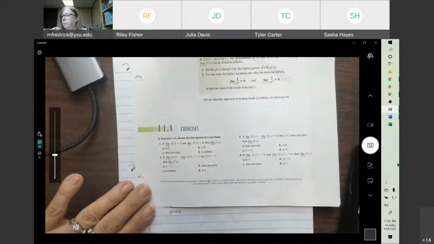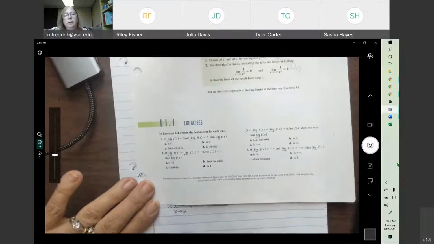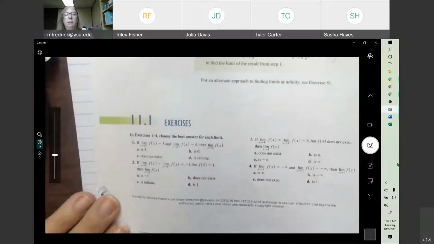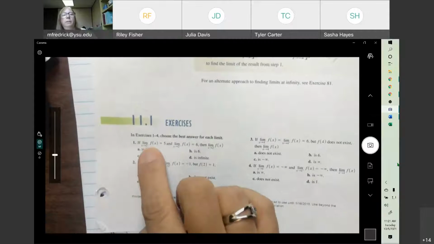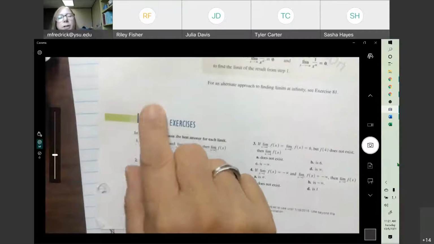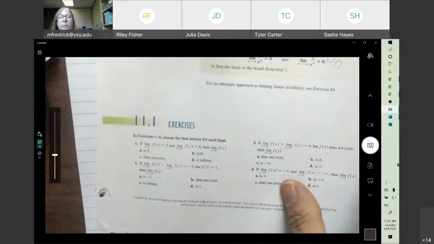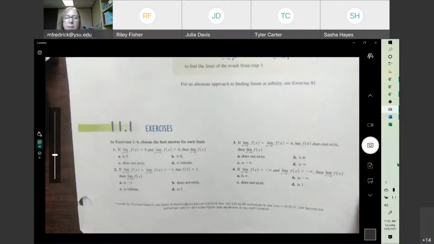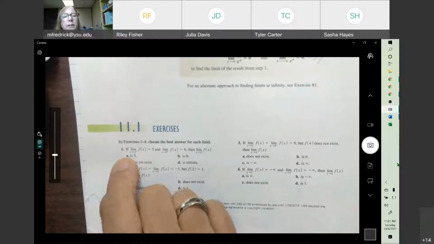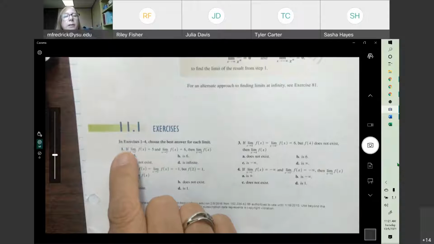Here's an example. We look at this first one. Now this is chapter 11. This was an old book, but I like it because it had sheets instead of put together. But it's the same problems.